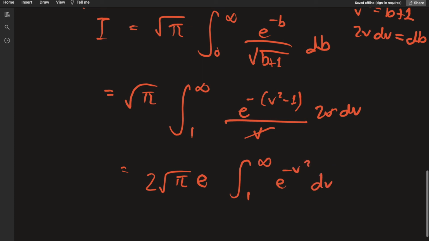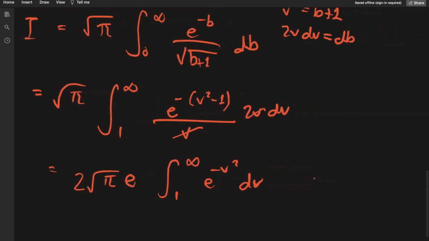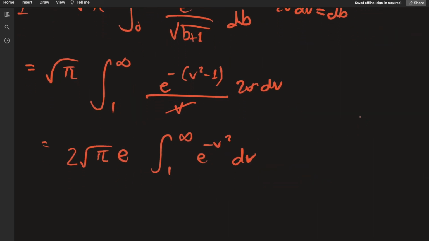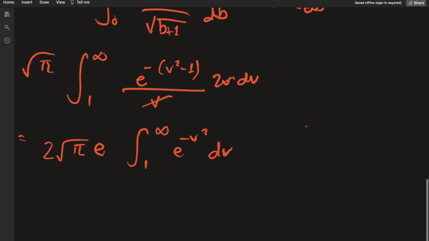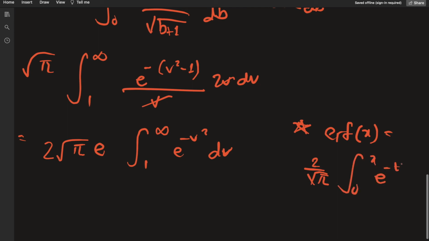Now this looks like the error function, the Gaussian error function, but there's like a catch there, because remember the Gaussian error function at x was 2 over square root of pi integral from 0 to x e to the negative t squared dt.